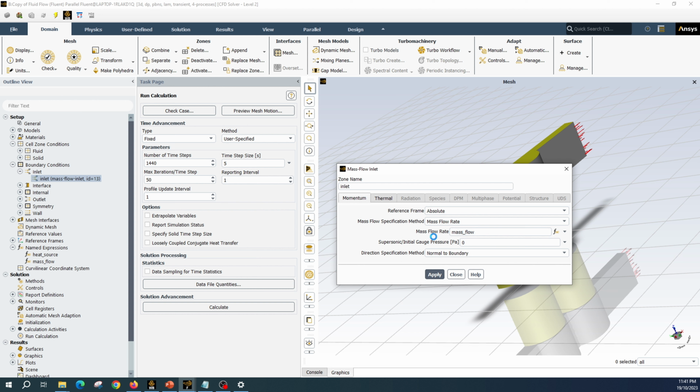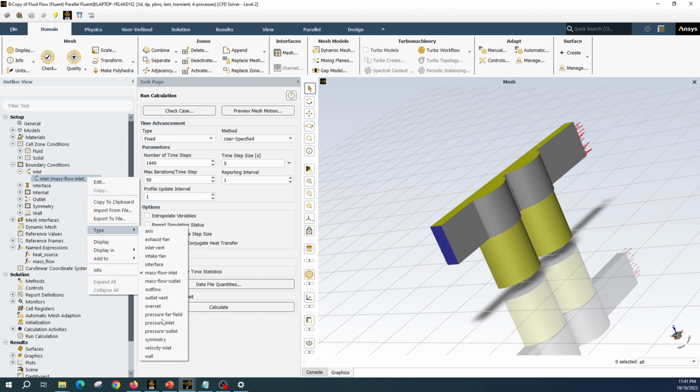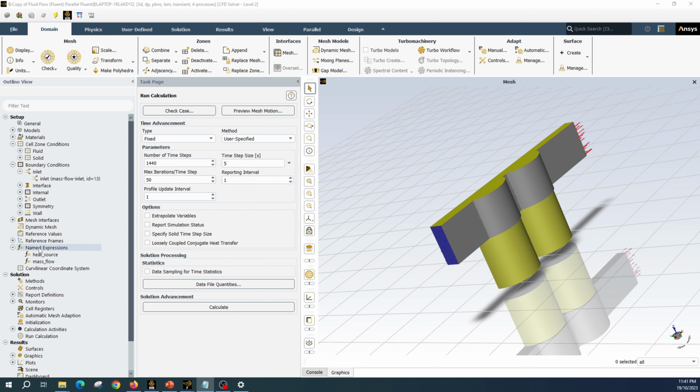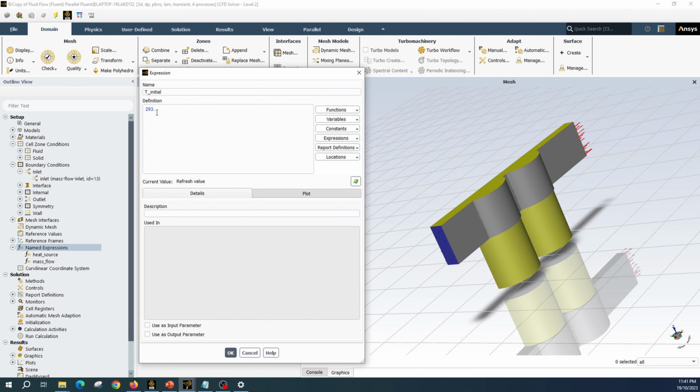Normally you get in velocity, but you know that you can change easily by right click. So you can type. So here are different types of the boundary conditions. What was the next one? Next one was the initial temperature. So let's call it T initial 20 degrees. So let's keep it in Kelvin. That is easier because it deals in SI units.